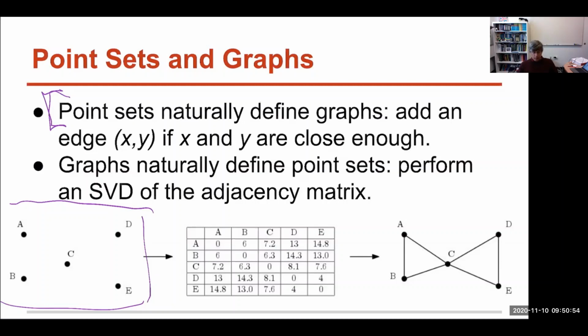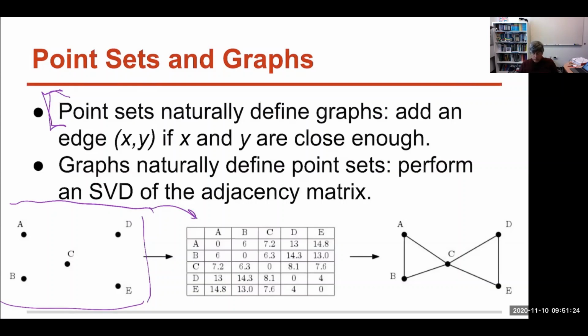It could be a complete graph where you have an edge between every pair of nodes, and maybe the weight of that edge would be how far apart the vertices are. It may be that it's a sparse graph, where you only have edges between pairs of nodes that are very close to each other. But certainly any point set can naturally define a graph.